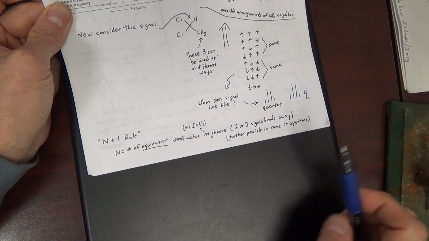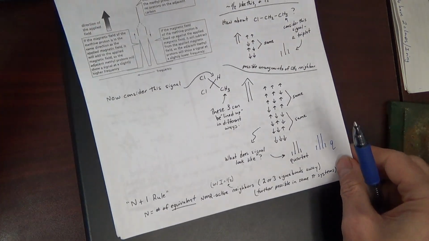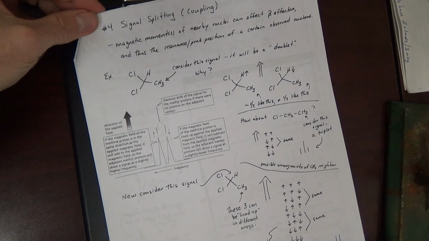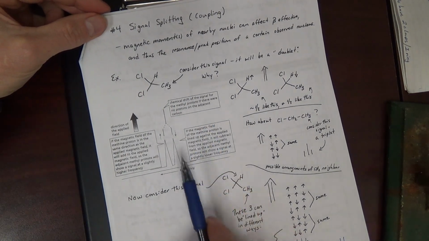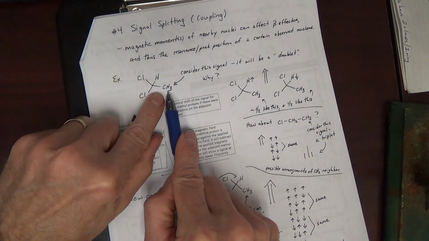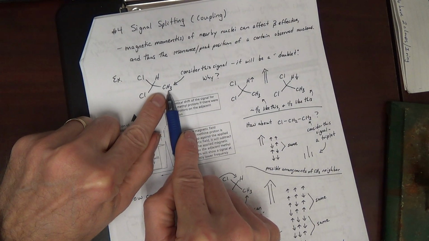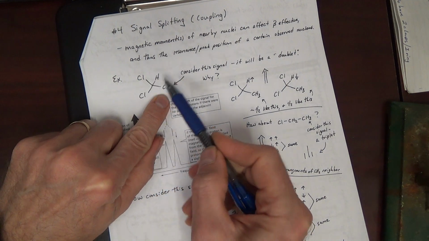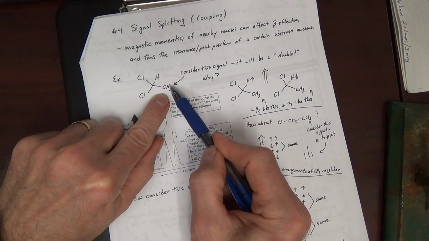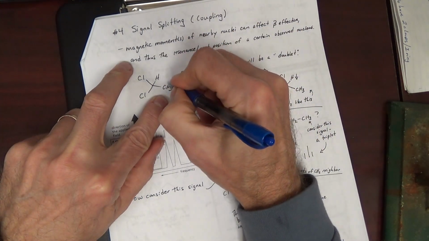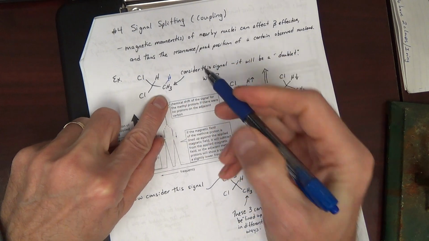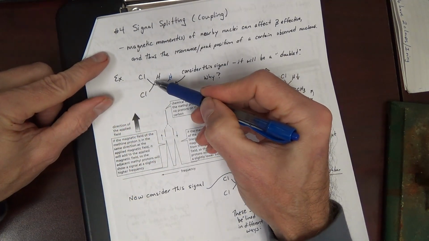Okay, n+1. Let's see how we can use n+1 here, and let's make sure that we see how it works. Let's go back through these again. Consider this signal. What will be the splitting? It has a hydrogen neighbor. If we draw out these H's, each one is sigma bonded to the carbon. 1, 2, 3.